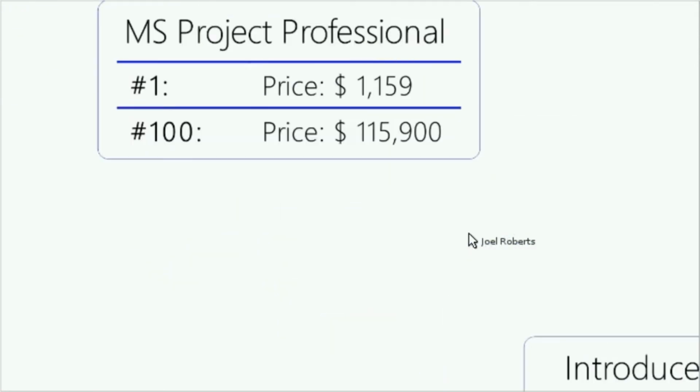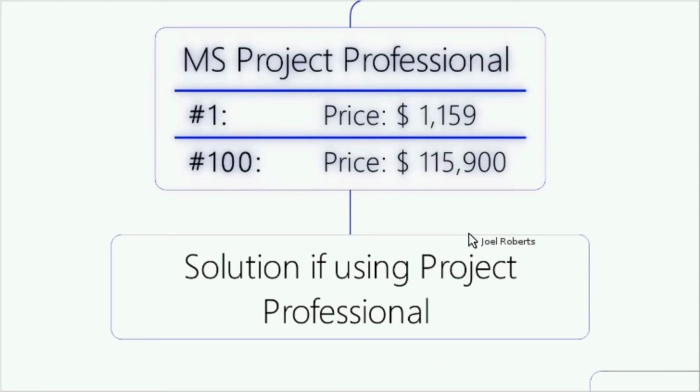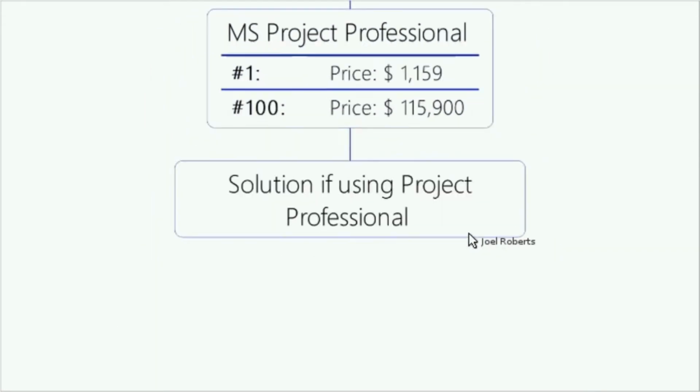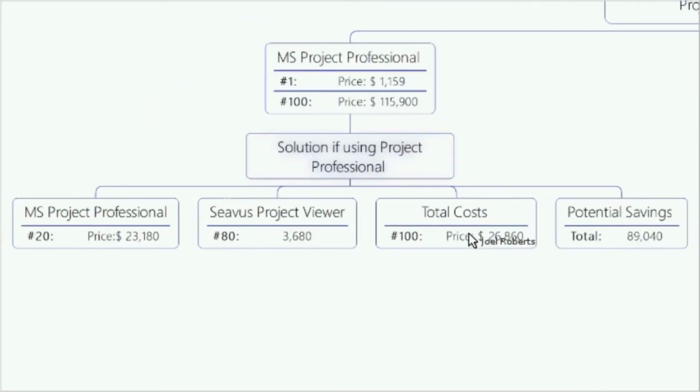If we take into consideration the pricing of Microsoft Project, instead of licensing all of those 100 users with Microsoft Project Professional, what we could do is license those 20 project managers that need to create or edit the project plan.